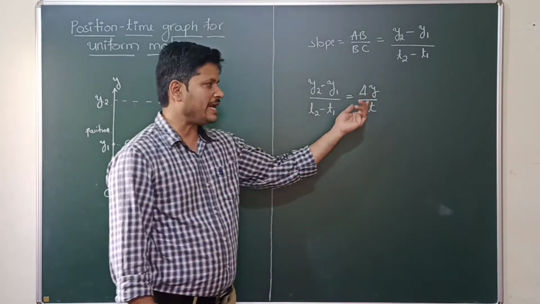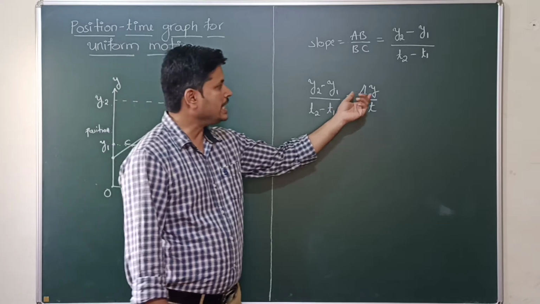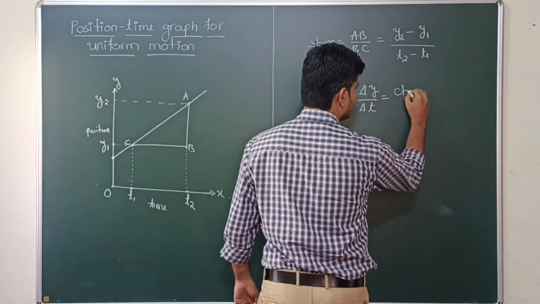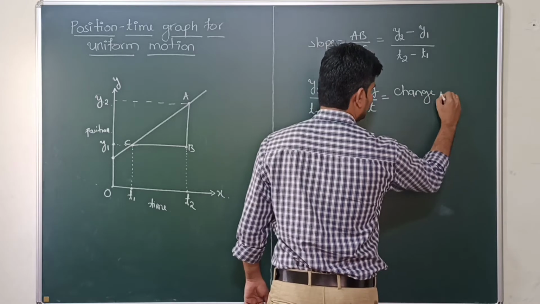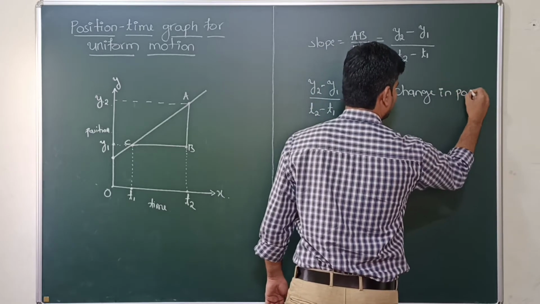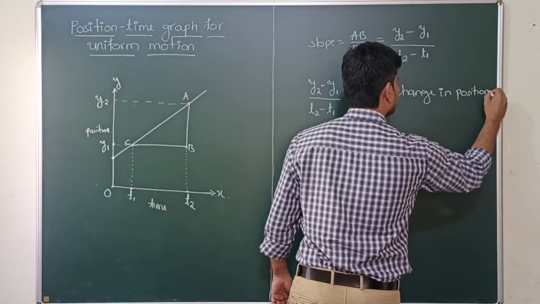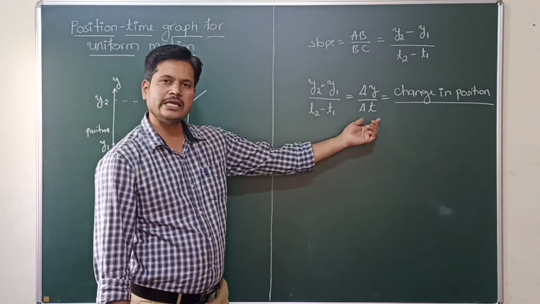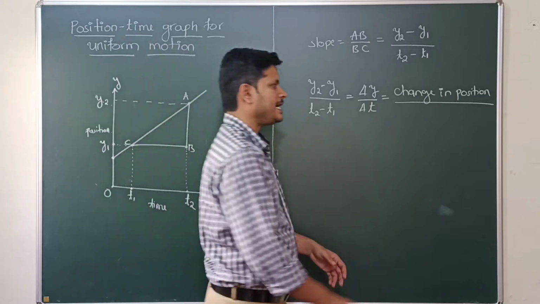What are this delta y and delta t representing? Delta y is representing change in the position, divided by delta t, which is representing change in the time.